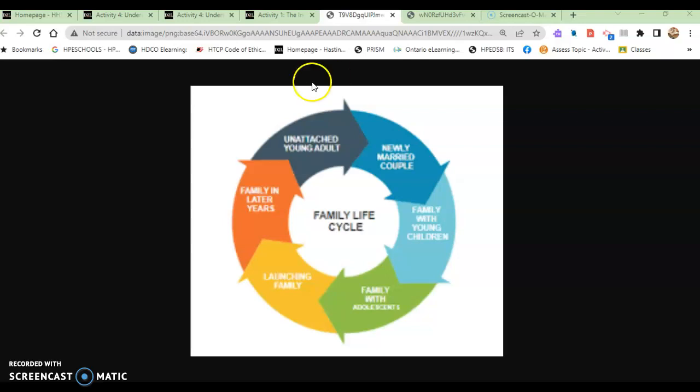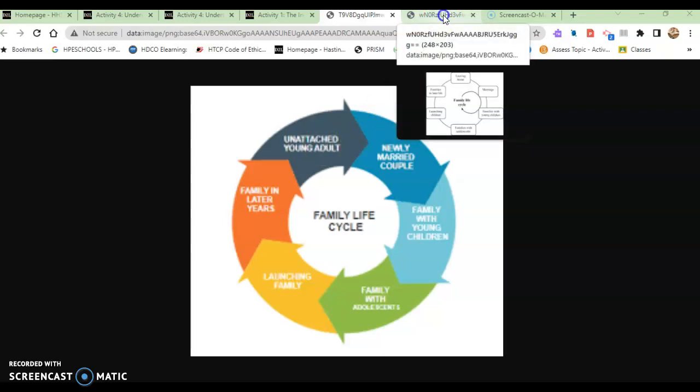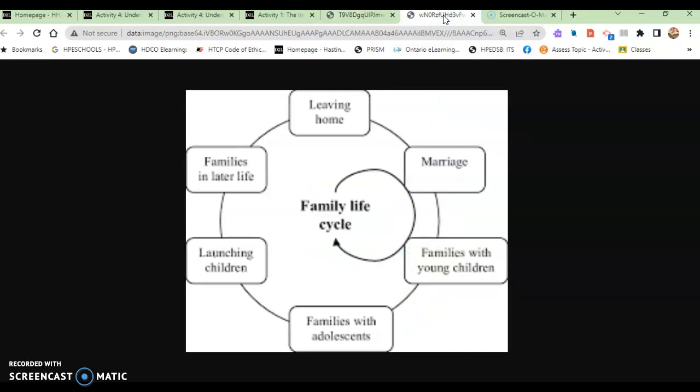So after the introduction, what we're really starting into is this idea of launching from your family of origin and moving into young adulthood. Another way that you might have seen this was in the graphic that I posted in the newsfeed the other day. This is also the same cycle, just a little bit different. Where we are in the family life cycle is looking at launching children, and that they're leaving home.